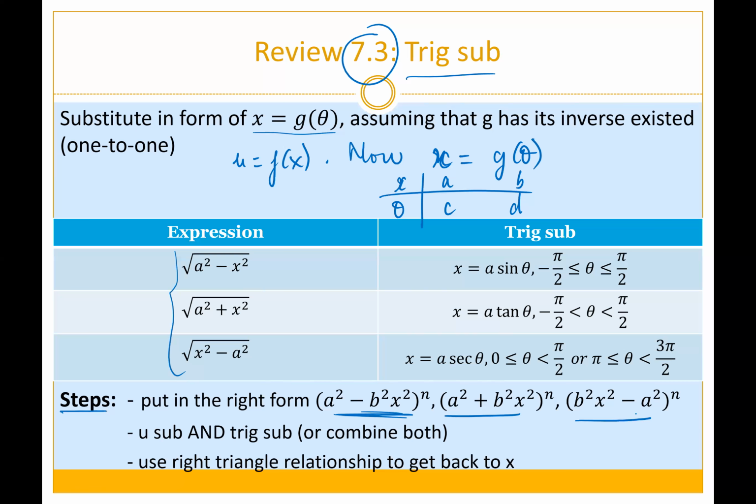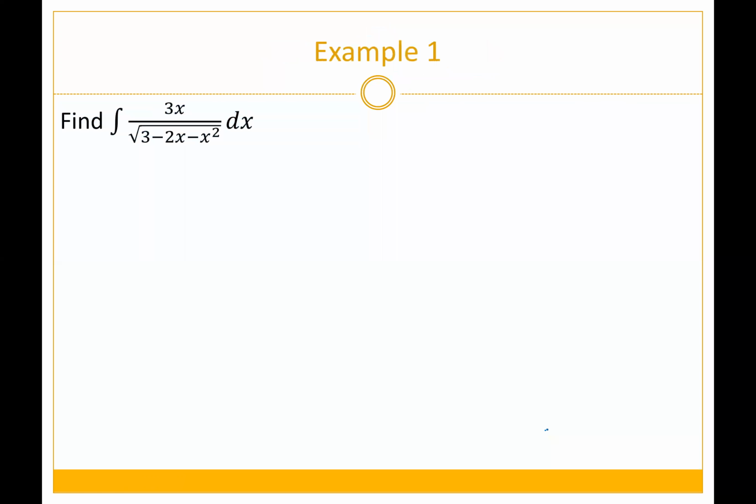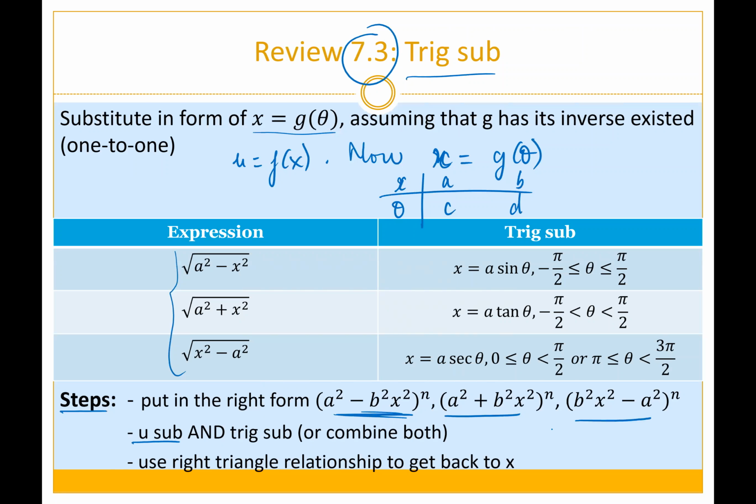And then you're gonna use u-sub and trig sub. Sometimes, like in this example, you have 4 minus (x plus 1) squared with a square root. If you put u as x plus 1, then you have 4 minus u squared. Now you can do u equals a, where a is 2, so you have 2 sine theta.